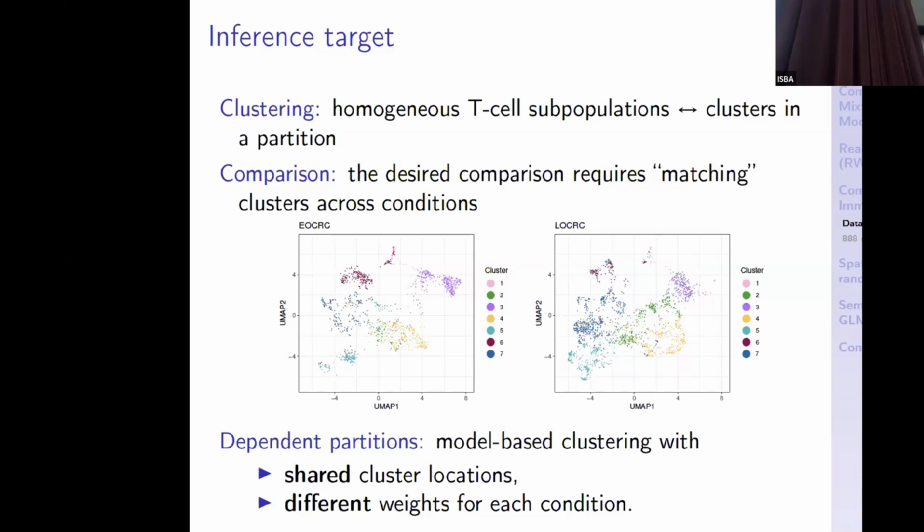This is the actual inference. Importantly, these 2 partitions are set up in an aligned fashion, meaning you see the same yellow cluster here and there. If you stare at that for long enough, we can probably convince ourselves that some subpopulations are specific to early and others are specific to late, and yet others might be shared.